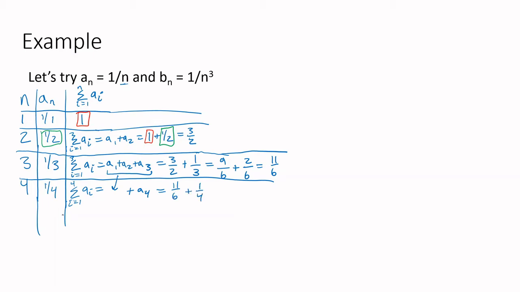Okay, so let's put that in the calculator so I don't mess it up on the video and have to make more edits. All right, so that gives us 25 over 12. Okay, and then we just keep going. We keep plugging in bigger and bigger numbers in here and keep adding and adding and adding and see what happens.